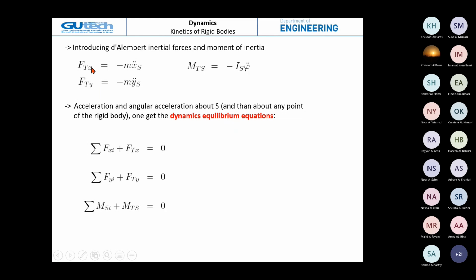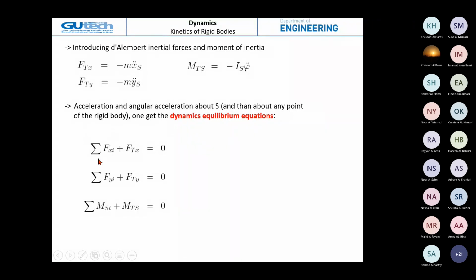When we have, for example, x and y, the moment should be in the z direction. Then we have the acceleration and the angular acceleration, the angular acceleration here about S, and then about any point of the rigid body, one gets the dynamic equilibrium equation.